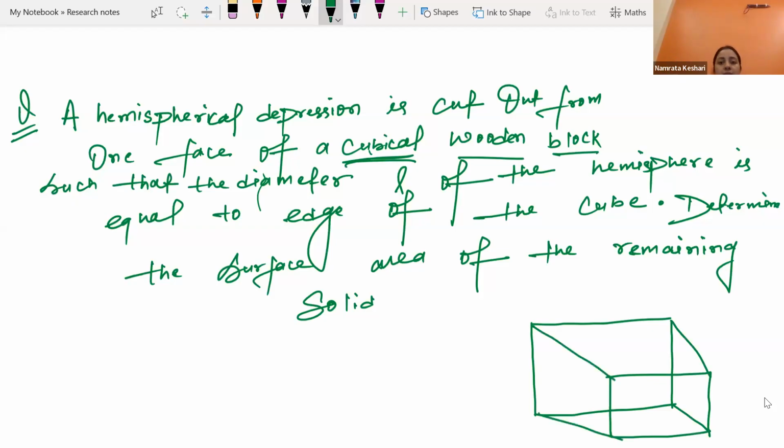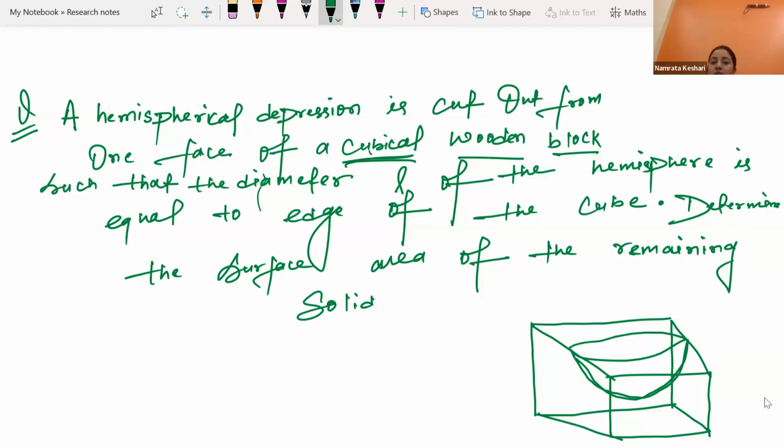Radius will be A by 2, right? Yes, okay. So now our figure looks like this. This type of hemispherical depression is cut out from the wooden block.